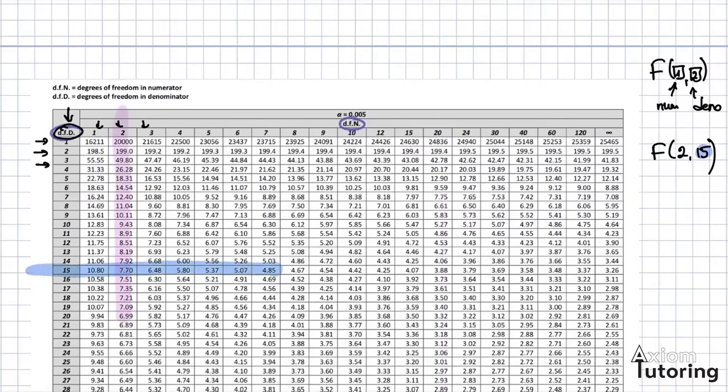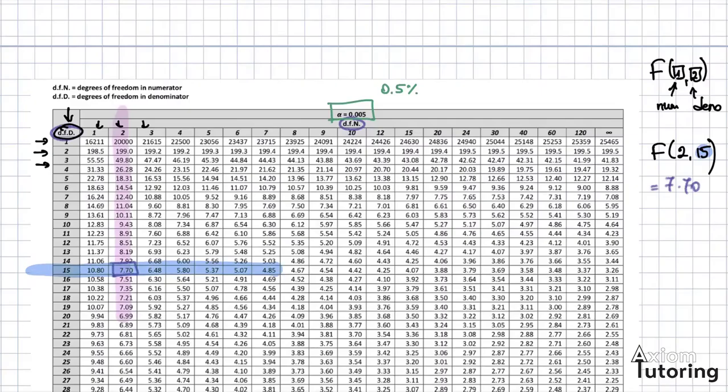So the place where these intersect is the number here, 7.70. Now keep in mind, this is the F statistic for degrees of freedom 2 and 15 for a level of significance of 0.5% in here, which means that you would have to look at another table if you want the 5% instead, and the value is going to be slightly different.